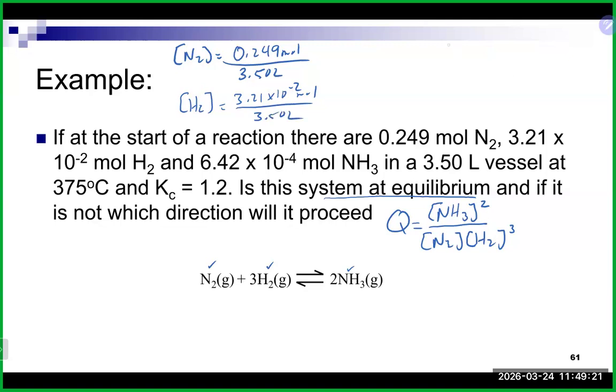And lastly, we have our NH3, which is 6.42 times 10 to the minus 4 moles over our 3.5 liters. This is going to give us the concentrations of everybody, which is what we need to go into that expression. So we're going to go 0.249 divided by 3.5.